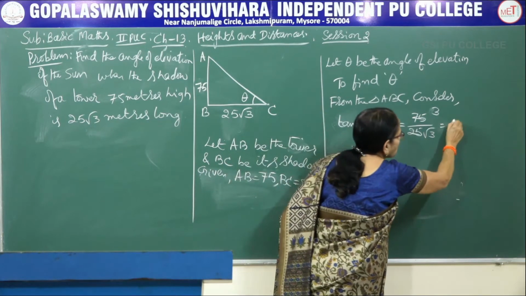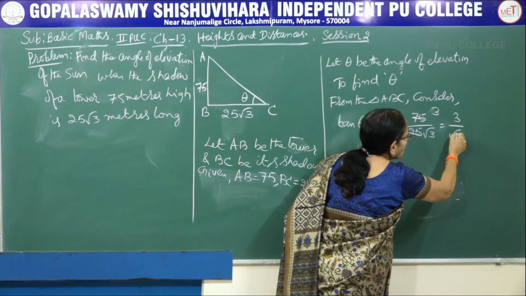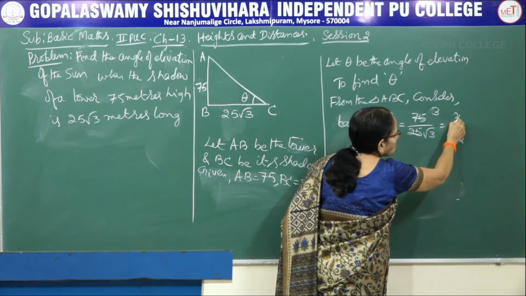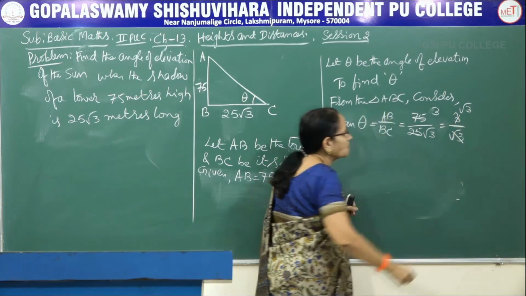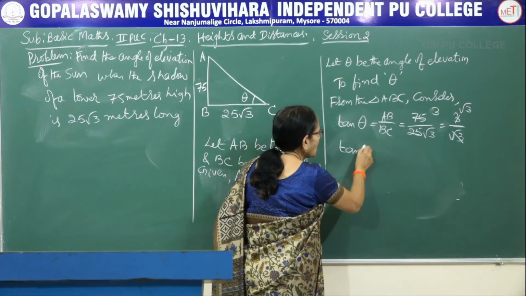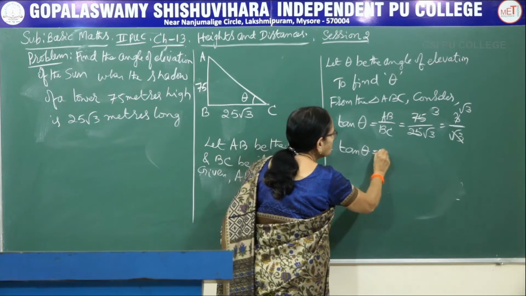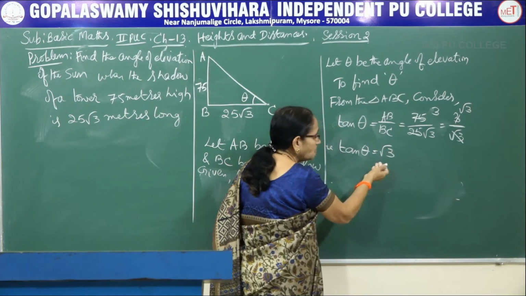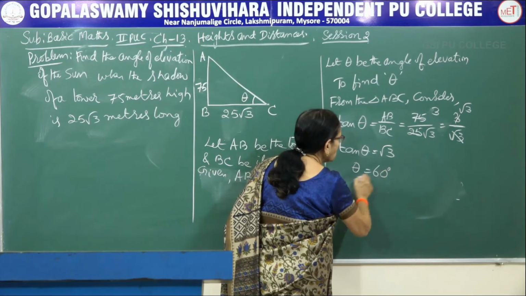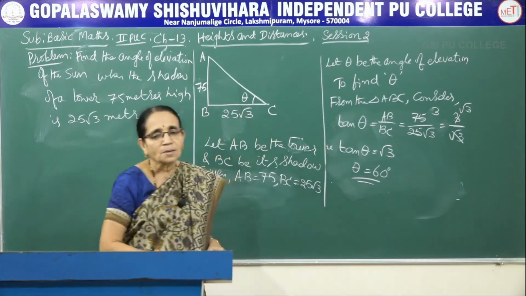That means I am having 3 divided by root 3. Again you can cancel: by root 3 you can cancel 3, root 3 times only. So again we have tan theta is equal to root 3. Being a standard value, in this problem also I am getting the angle of elevation to be equal to 60 degrees.